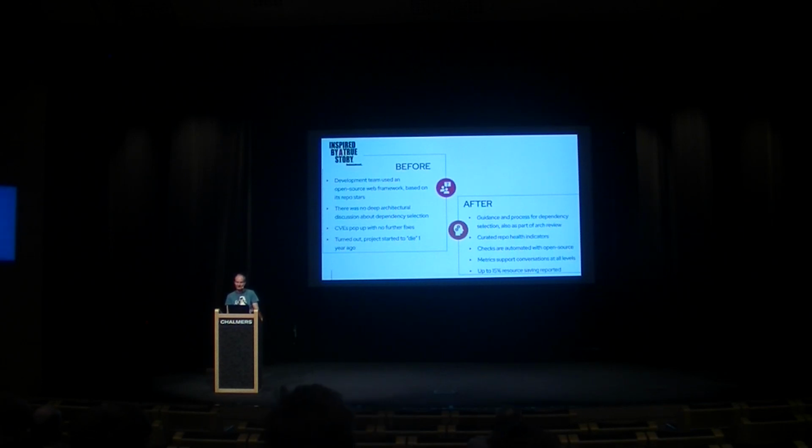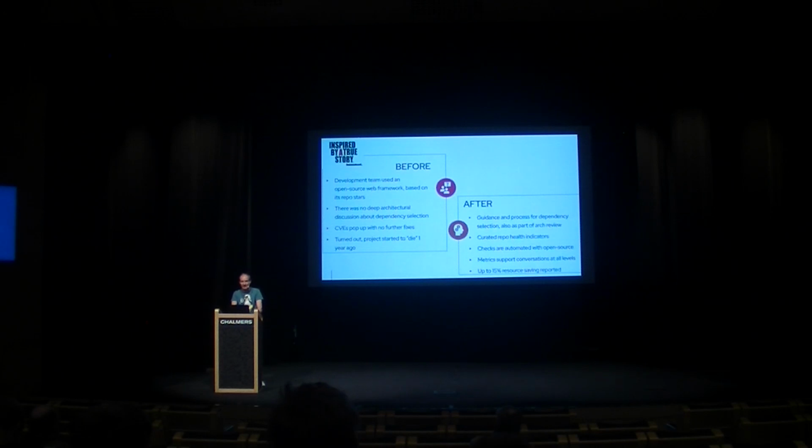Metrics now support conversation at all levels, because before it was really hard to argue, either from the development perspective or from the security team perspective, why I should use this or that tool. But metrics and data, numbers essentially, generally help all the conversations at all the management levels, which is good.